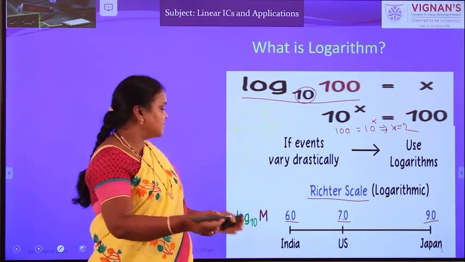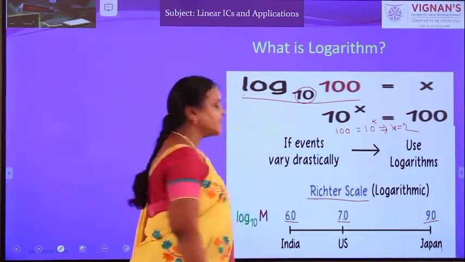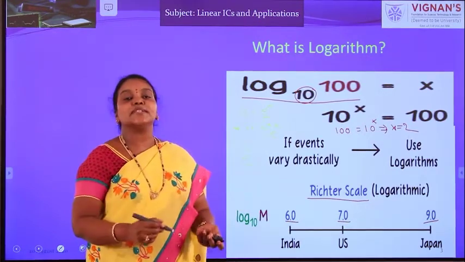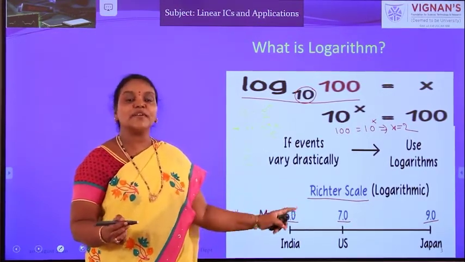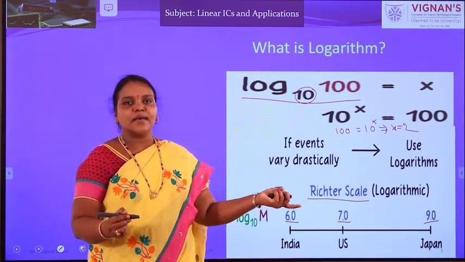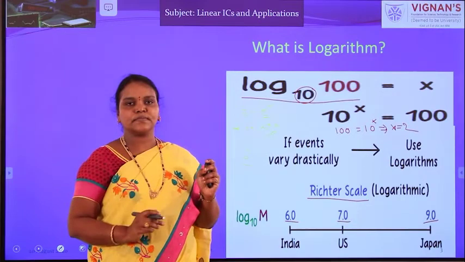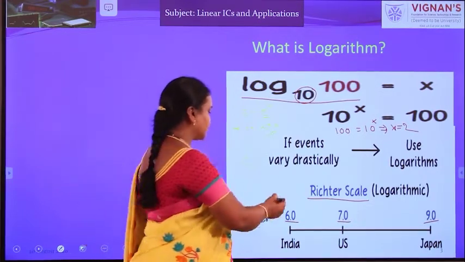You may feel there is only one difference between India and the US, and only two between the US and Japan. But they are on the logarithmic scale. A difference of 1 means it is 10 times more.